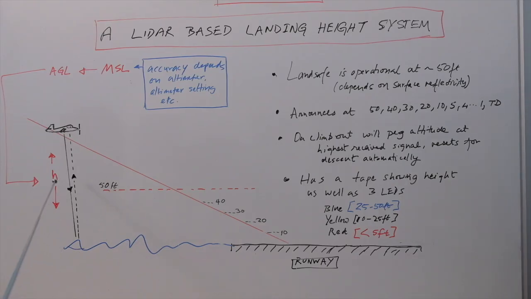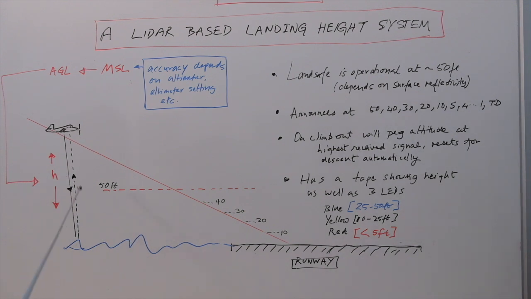But in this case, we can't depend on any of those, barometric or GPS, because the corrections that have been made are not accurate enough to be landing in very, very poor conditions where the visibility is down to very short distances, in the order of hundreds of feet or less in terms of altitude.